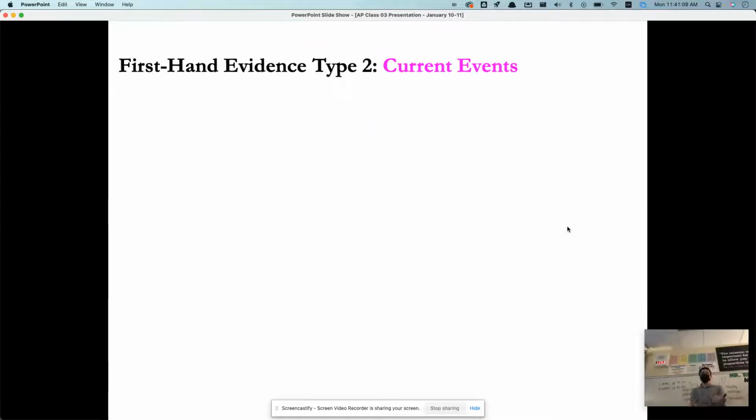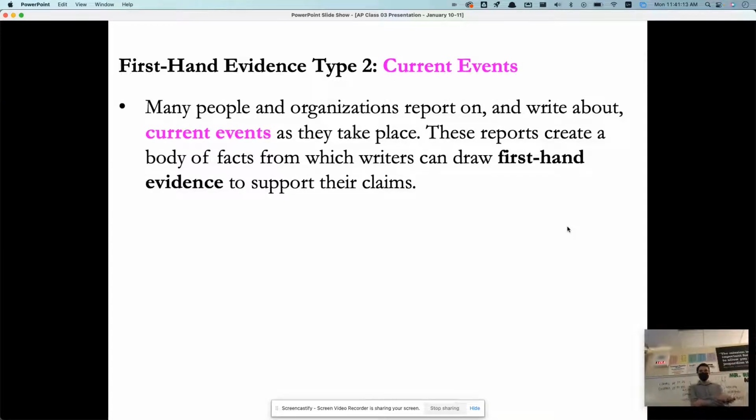The next kind of evidence is current events evidence. Many people and organizations report on and write about current events as they're taking place. And then these reports create a body of facts from which writers can draw firsthand evidence.